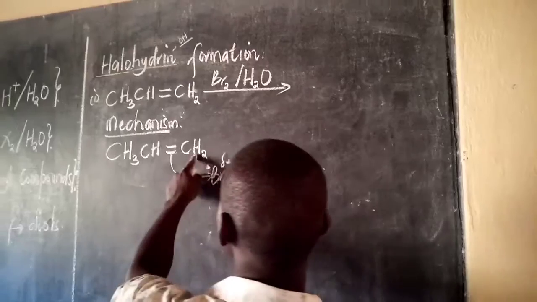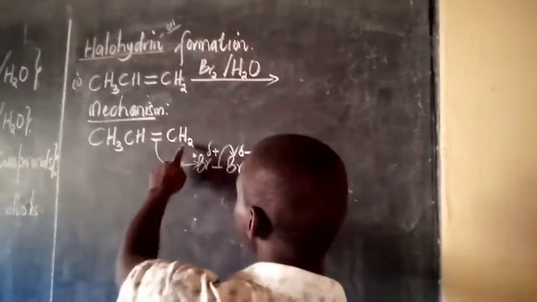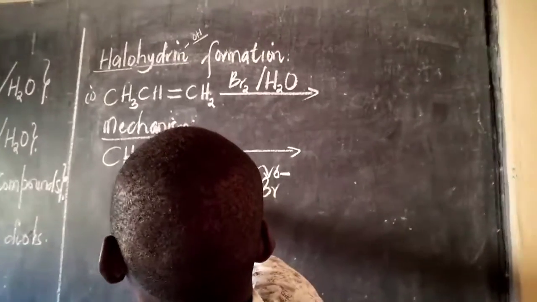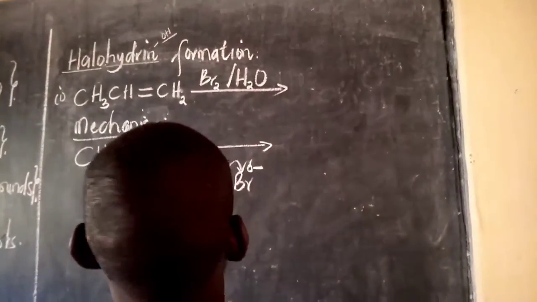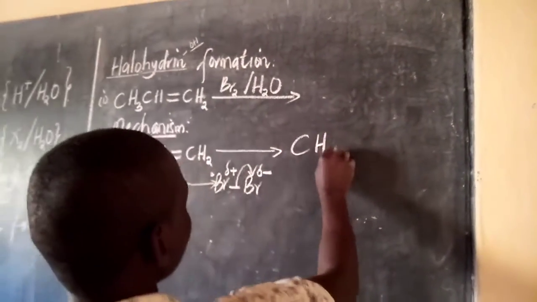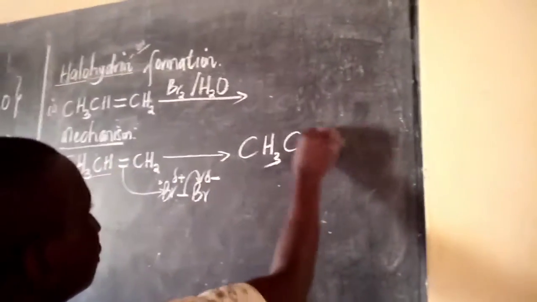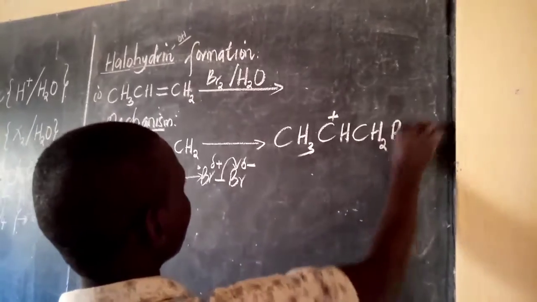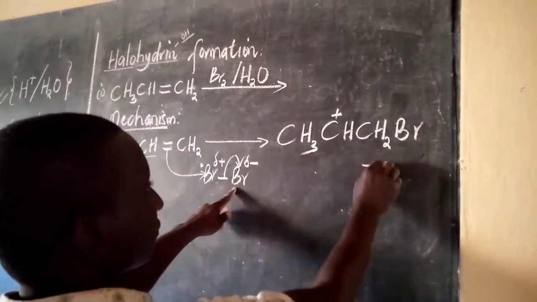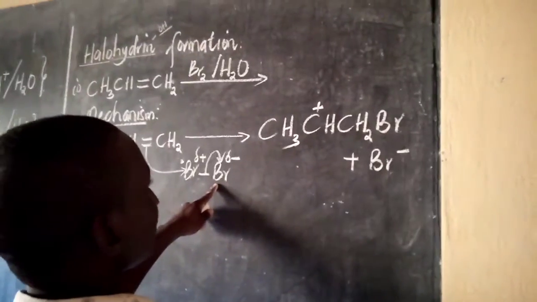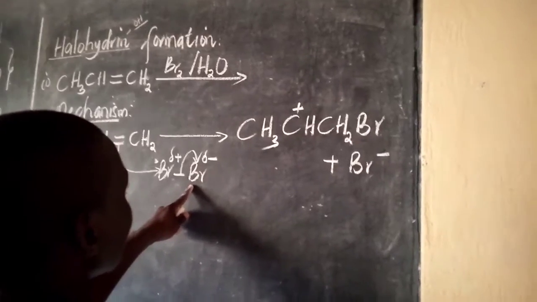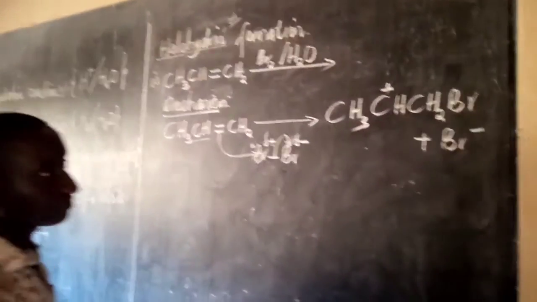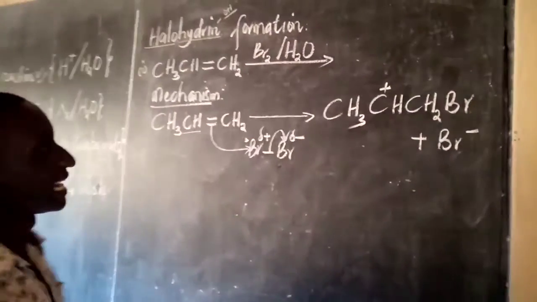The addition will form a cation, with this one being added to the position that has the maximum number of hydrogens. The fate of this is the formation of the carbonium ion. So CH3, CH plus, then CH2, and then bromine. We have said that one gives us the bromide ion.